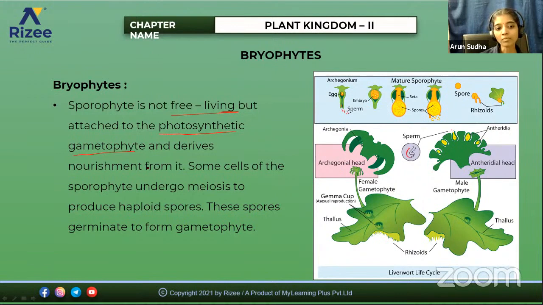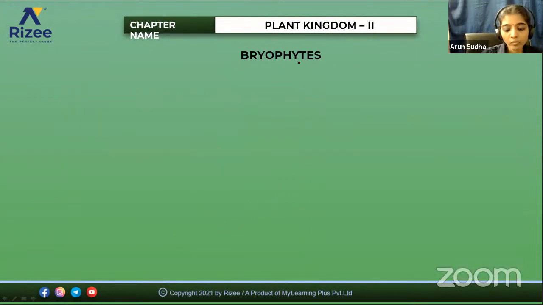Some cells of the sporophyte undergo meiotic division to produce haploid spores. And these spores germinate to form the gametophyte. We'll see in detail how this process happens. For example, initially the gametophyte is the plant body attached to the substratum by rhizoids.